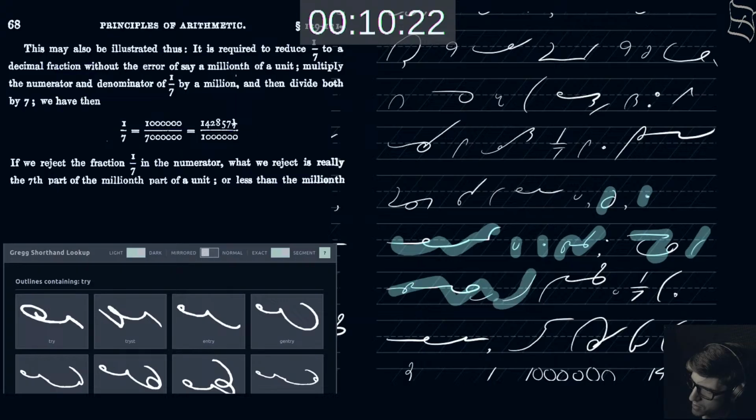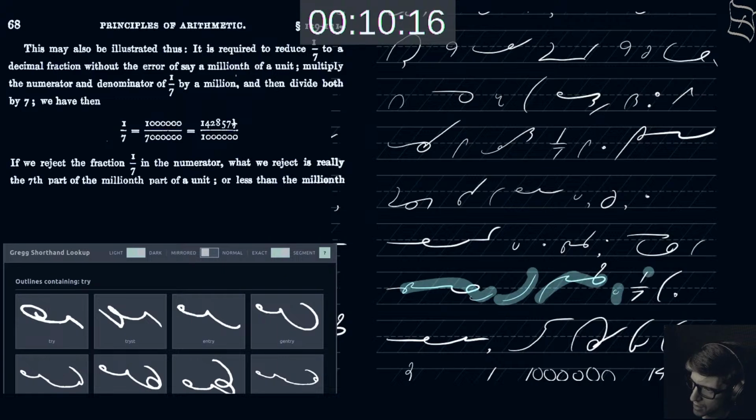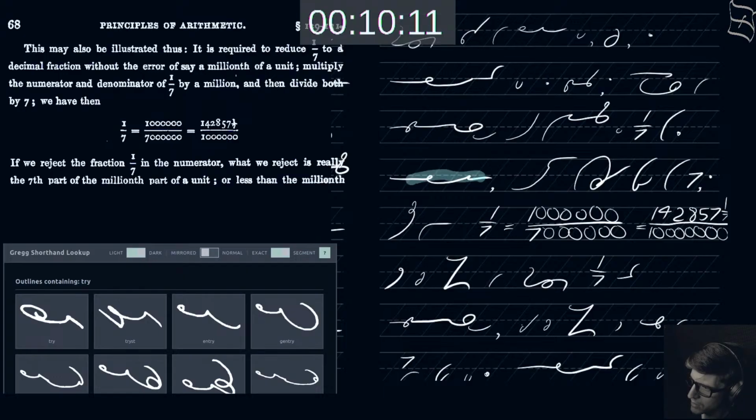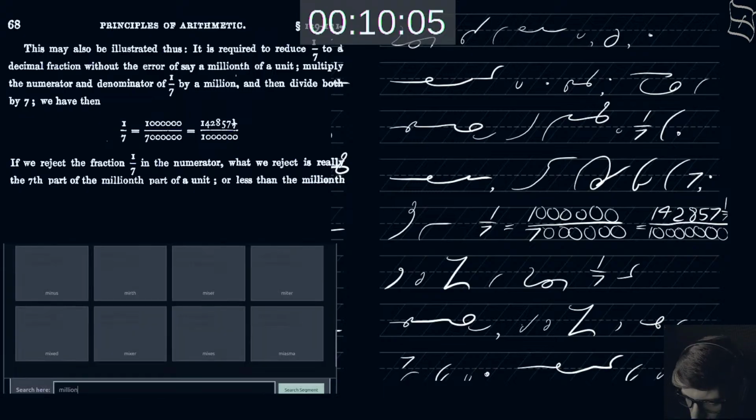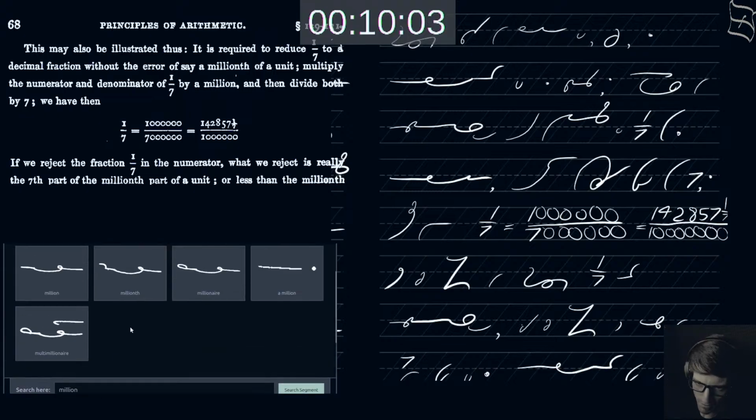Multiply the numerator and denominator of 1 over 7 by a million.